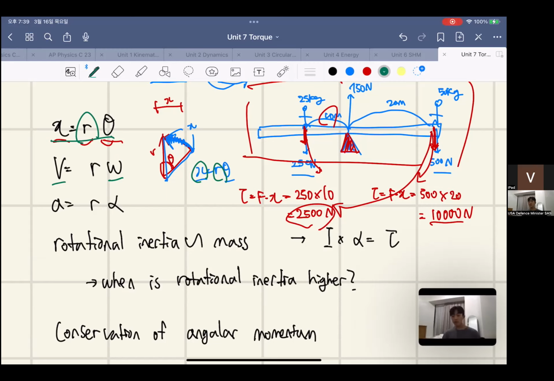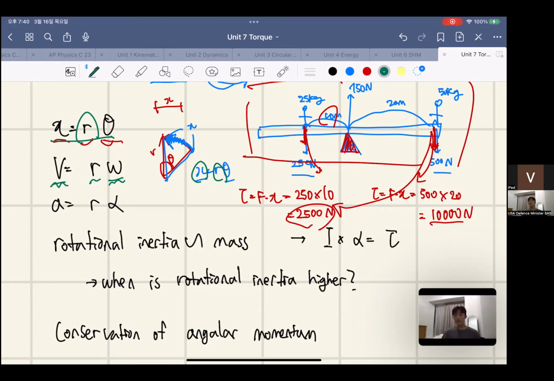Angular velocity is the ability of the object to change its angle, which means, of course, if you have greater omega, you can rotate more in a given time. Thus, if you rotate more, then the linear distance that you moved would also be greater. That's why v and omega are proportional. And with the same logic as above, of course, v and r would be proportional. So that's why you can make the formula v is equal to r omega.